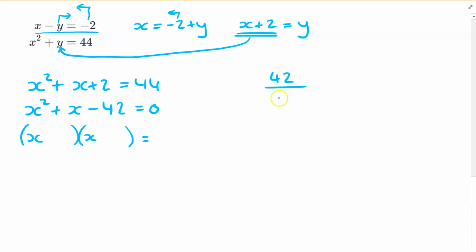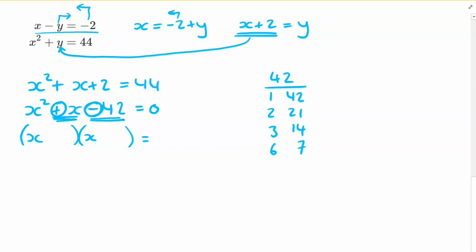So I've got 42, so I can do 1 and 42, 2 and 21, 3 and 14, 6 and 7. They've got to multiply to give a negative, add to give a positive. Now the only way you can get a negative constant is if one of them is a negative. And then they've got to add together to give you positive 1 from this bit.